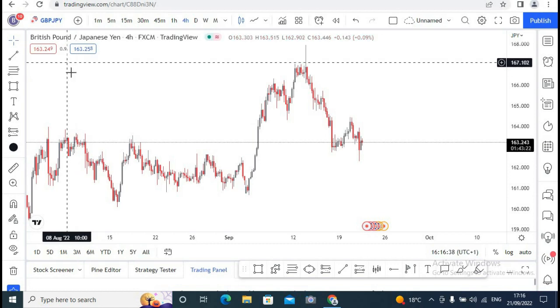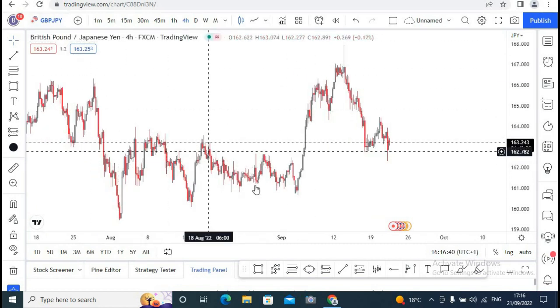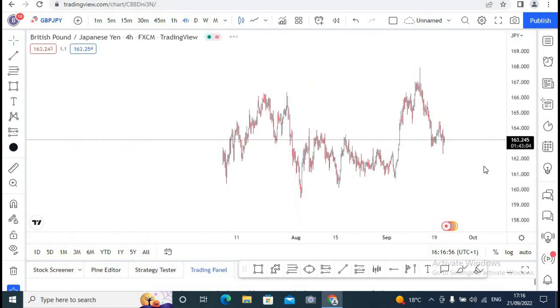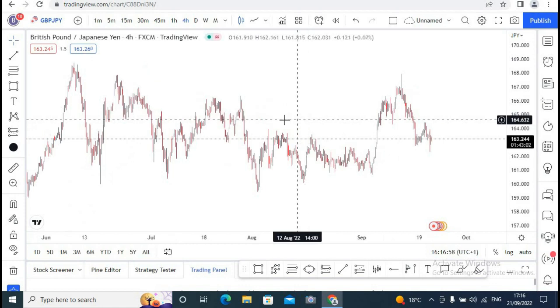So as you can see guys, on our chart we have GBP JPY. As you all know, the first thing which I do when I open my chart is to understand the previous market structure so that I'll be able to anticipate a move to the right side. So the first thing I do, I view my market structure like this guys.